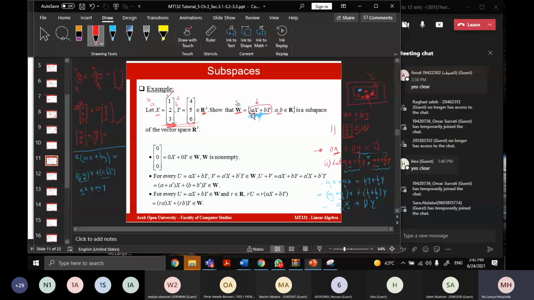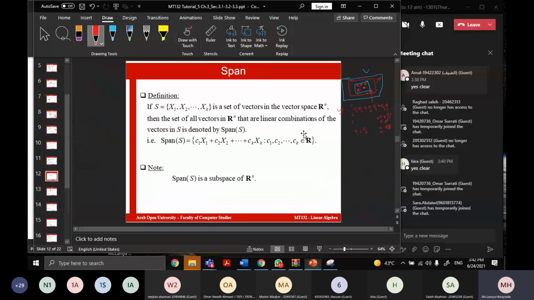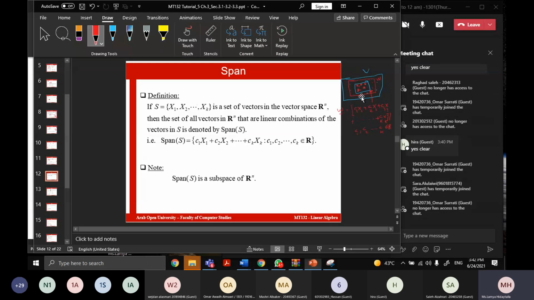and the space was the set of elements of this form. Now, instead of only 2, any number of vectors. I took them from this big vector space, and now I generate a space from these vectors. So I have this set W of vectors.